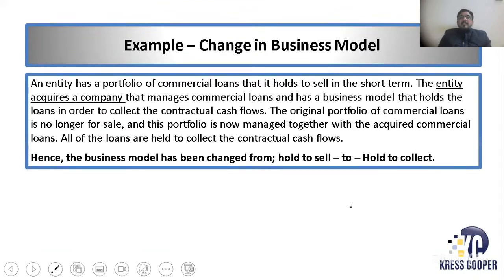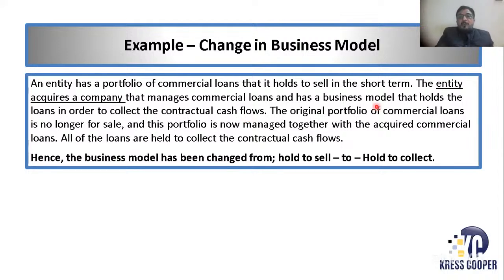There's an example in which we see that the business model is changed. An entity has a portfolio of commercial loans that it holds to sell in the short term, for trading purposes. The entity acquires a company, a subsidiary, that manages commercial loans and has a business model that holds the loans in order to collect the contractual cash flows till maturity.